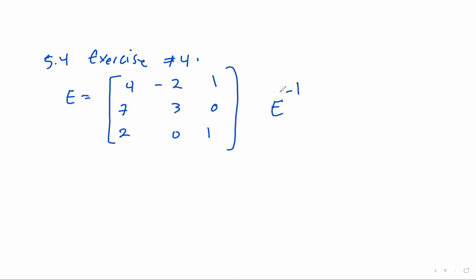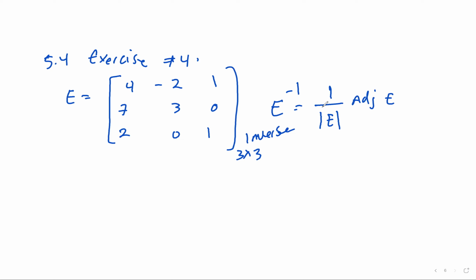The inverse of E is equal to 1 over the determinant of E times the adjugate of E. So we need to do this operation in order to determine the inverse of E. Again, we have a 3 by 3. Of course, first things first, we need to do the determinant.